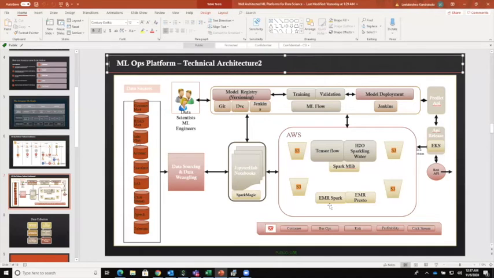In this platform, using EMR Spark, we could start with 3 nodes. It allows you to run distributed algorithms, and there is support for MLlib or TensorFlow.